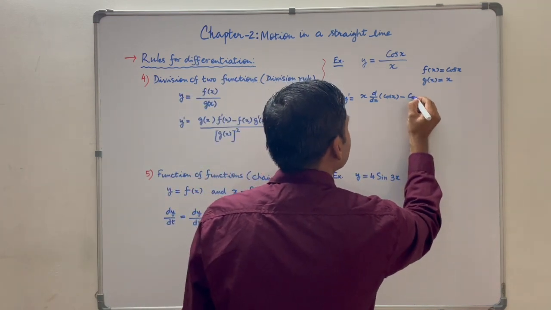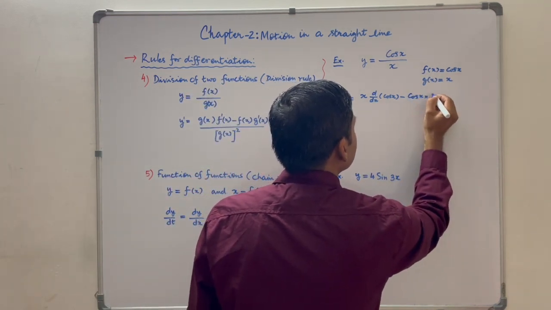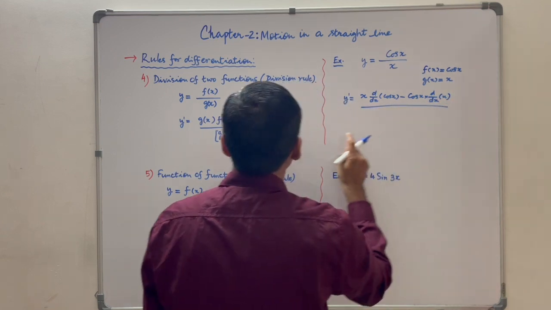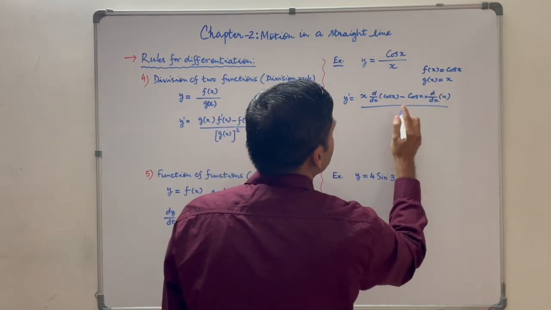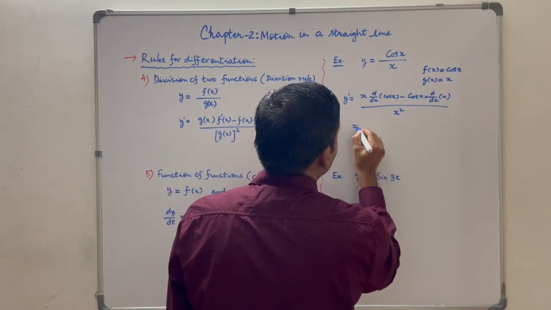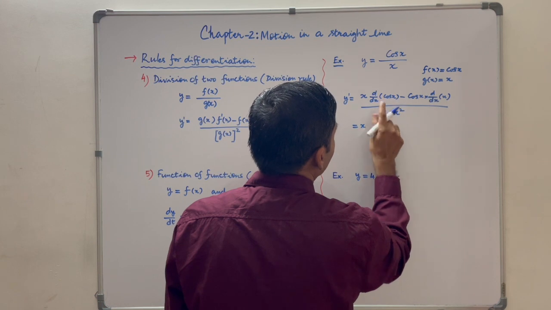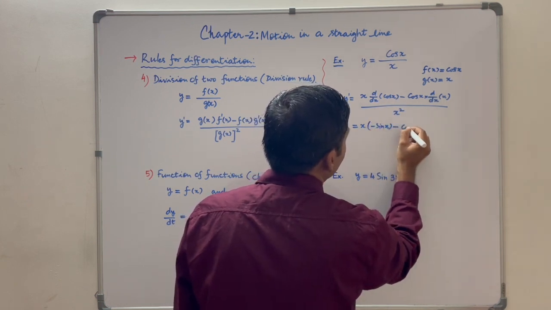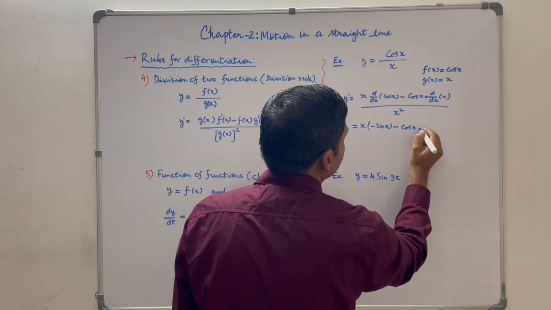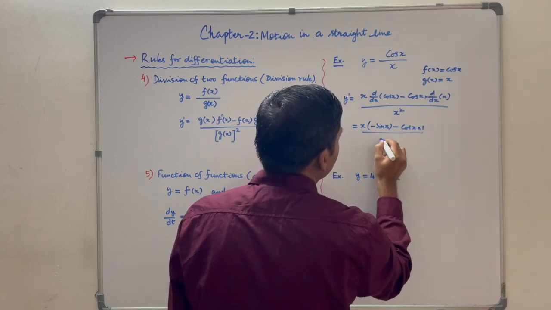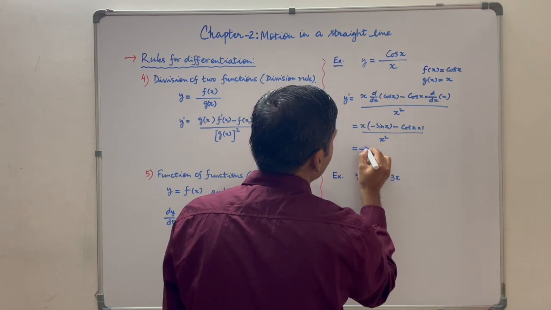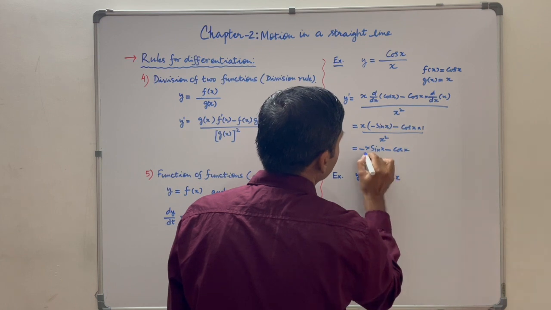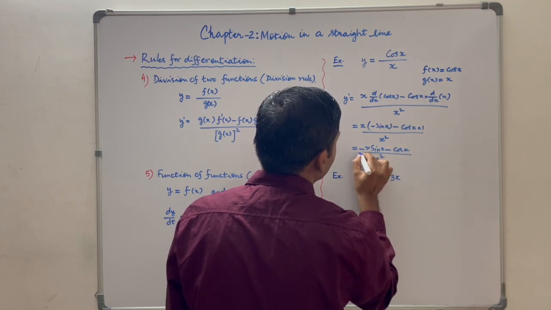Fx is cos x into g dash x can be written as d by dx of x, divided by gx whole square, x square. So it will be x into d by dx of cos x will be minus sin x, minus cos x into d by dx of x will be 1, divided by x square. So the answer is minus x sin x minus cos x divided by x square.